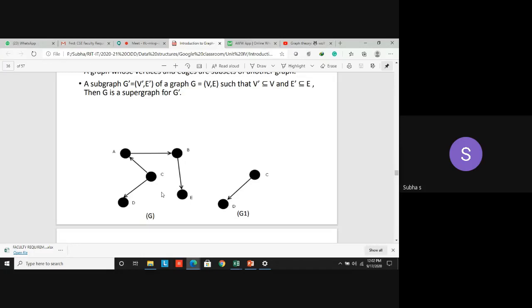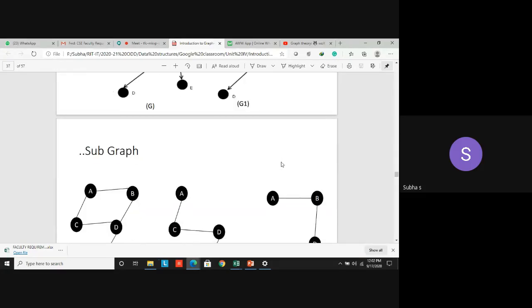I think that's all. Because you can't take A, C, D, because there is no path from A to C. Remember that also. So ABE as one subgraph, C comma D as one subgraph, or B comma E itself as another subgraph. Yes, so these are all the subgraphs that can be formed.